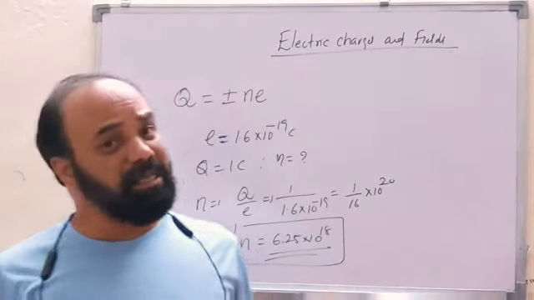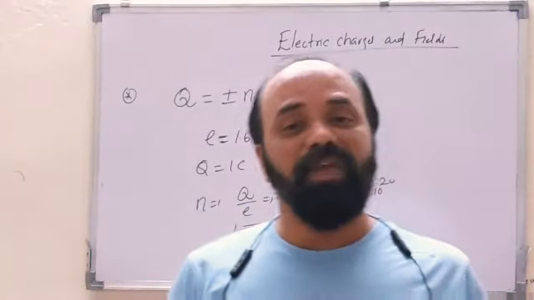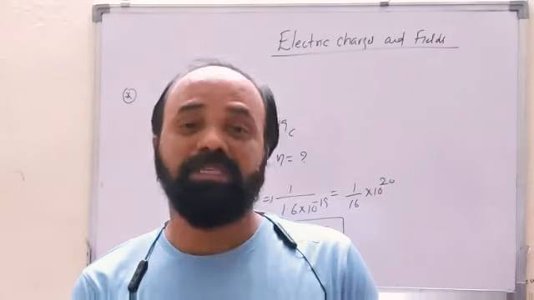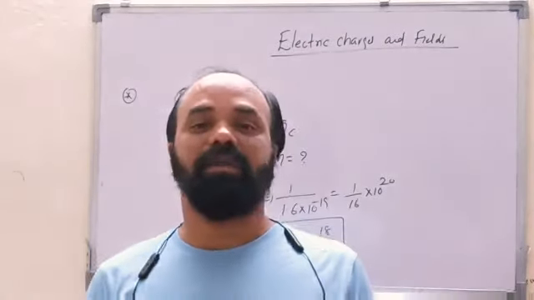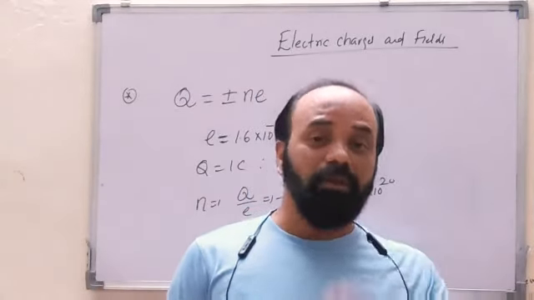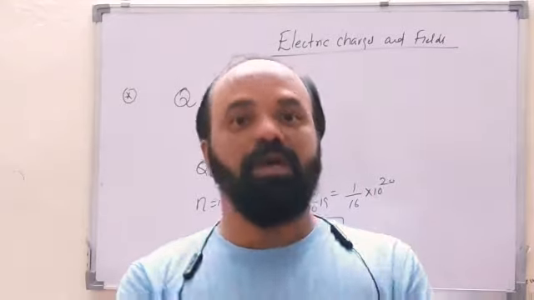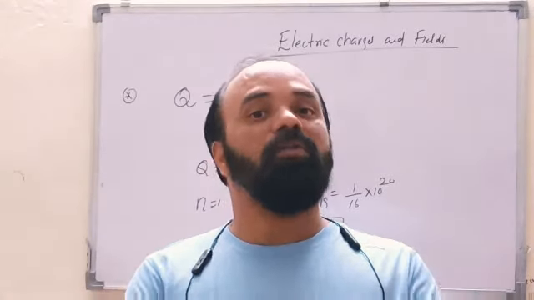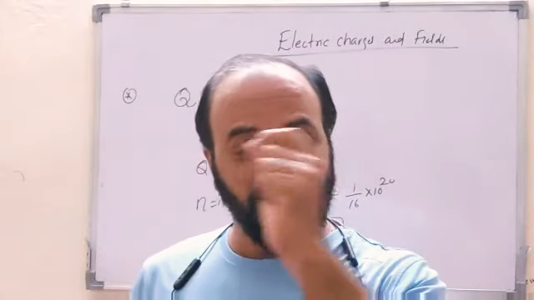Now coming to the second part, which is Coulomb's inverse square law. When you go for the PUC board examination, this is an important question. Coulomb's inverse square law means, according to Coulomb, the electrostatic force, either attractive or repulsive, is always directly proportional to the product of the magnitude of the charges.